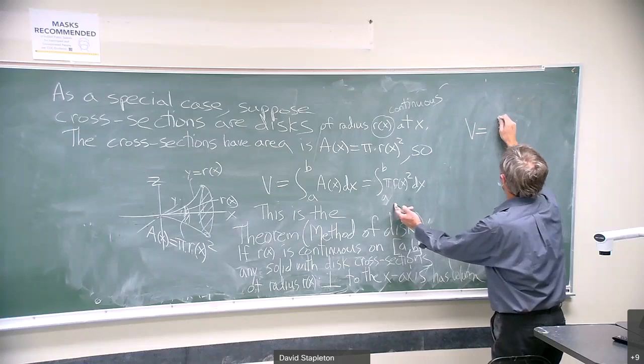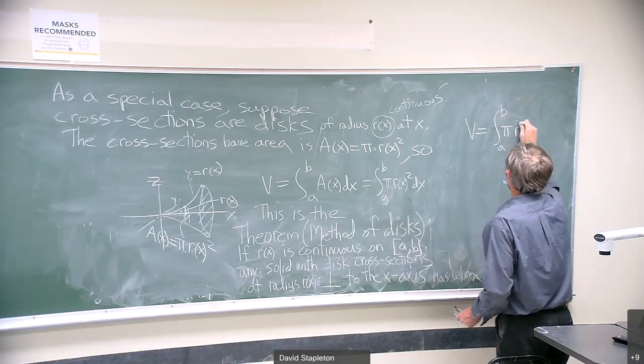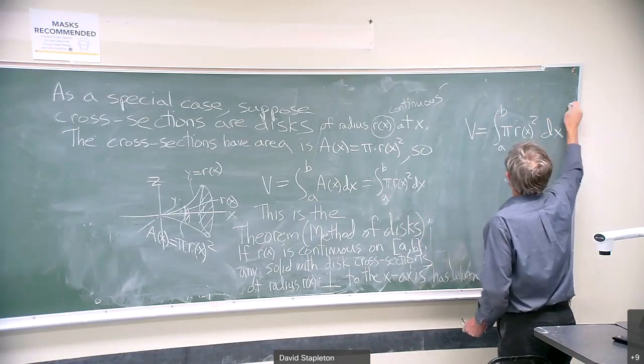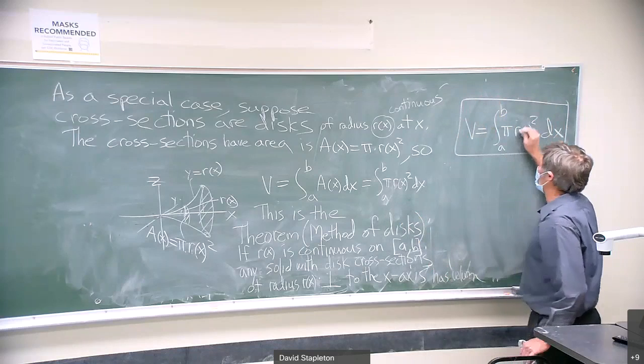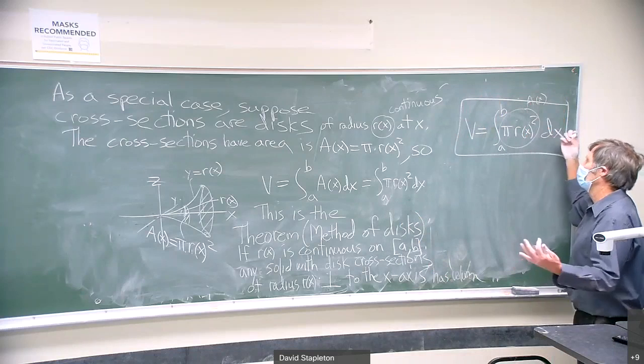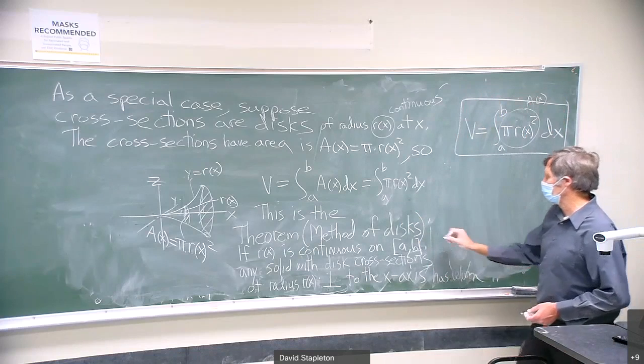V equals the integral from a to b of pi times the radius squared dx. So it's just a special case of the cross-sectional formula where the cross-section is pi r squared for its area. That's the method of discs.